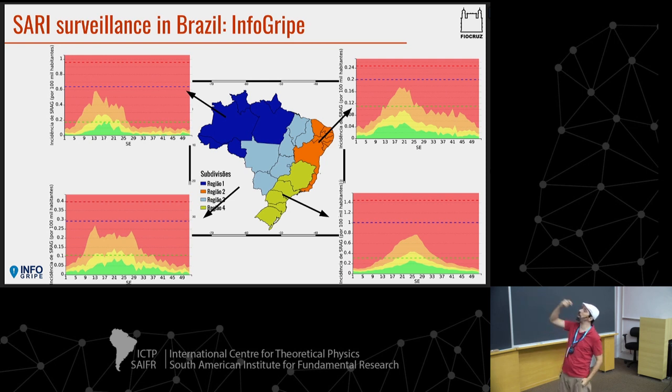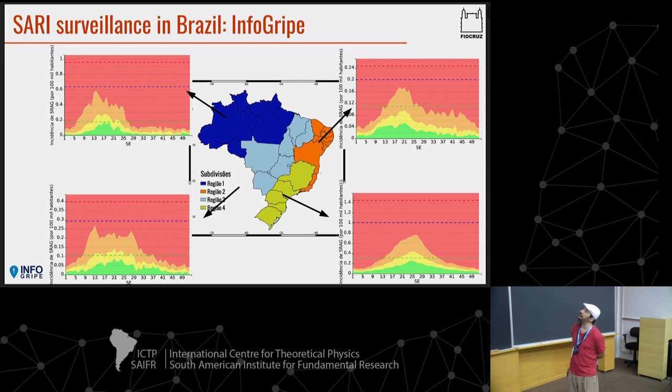And we can see it by aggregating the cases by region here in Brazil. This is not the geopolitical division of the country. This is an aggregation that was proposed based on the epidemic curves of each particular state.